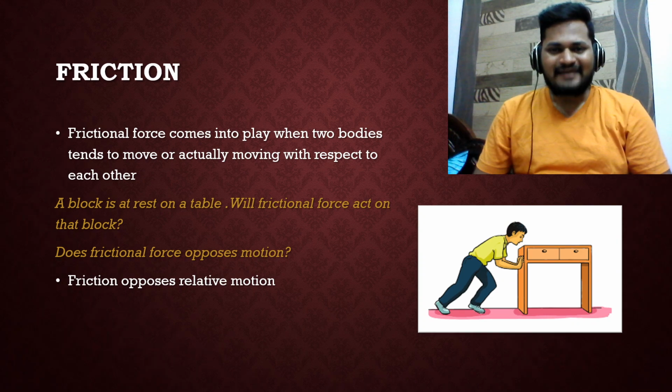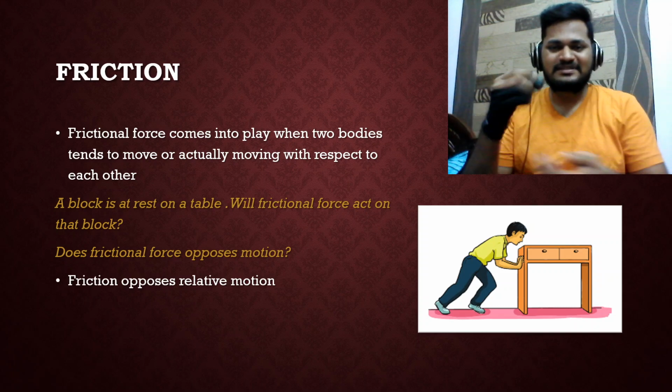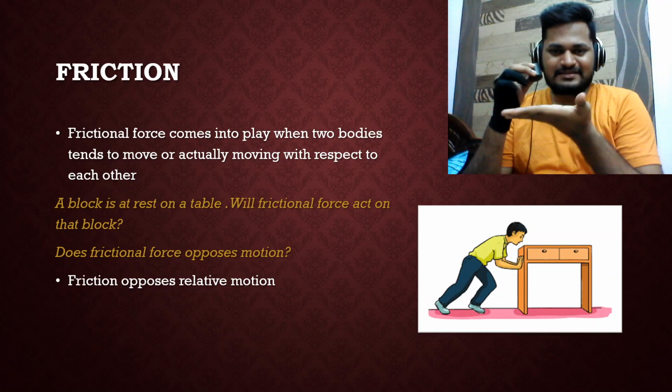In class 8, you have learnt what friction is. Friction comes into play when two objects tend to move or are actually moving with respect to each other. Suppose this is one body, this is another body.